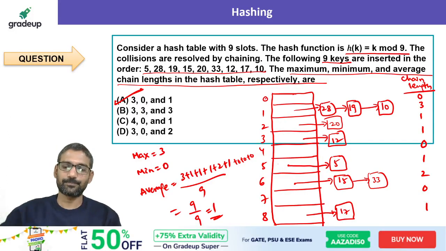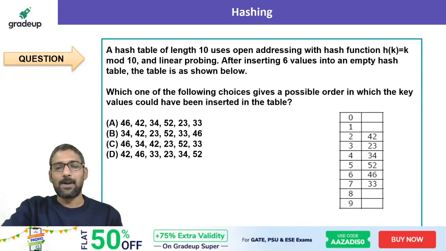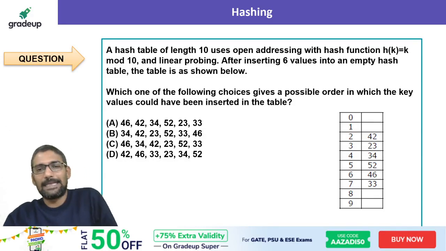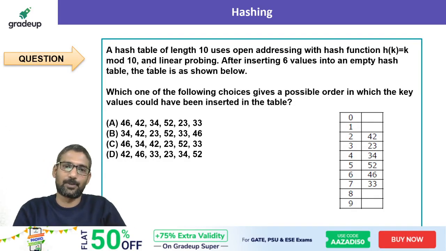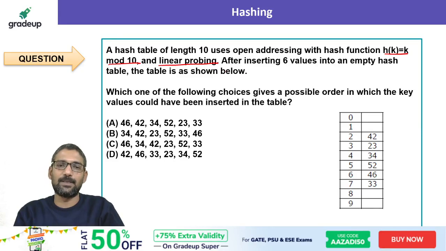Okay. Next question. A hash table of length 10 uses open addressing with hash function k mod 10 and linear probing. After inserting 6 values into empty hash table, the table is as shown below. Okay.